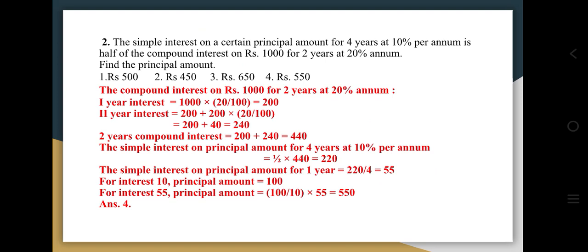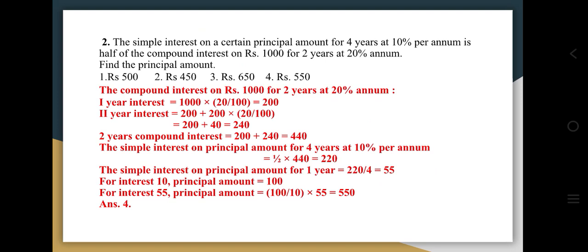So we are given that simple interest on a certain principal amount for 4 years at 10% per annum is half of the compound interest on rupees 1,000 for 2 years at 20% per annum. So first we calculate the compound interest on 1,000 for 2 years at 20% per annum.